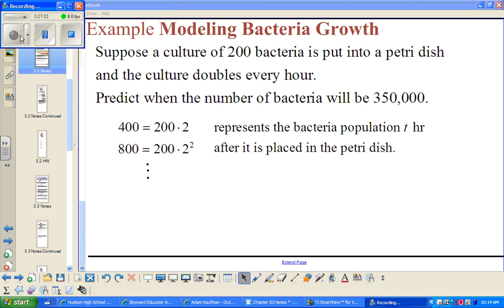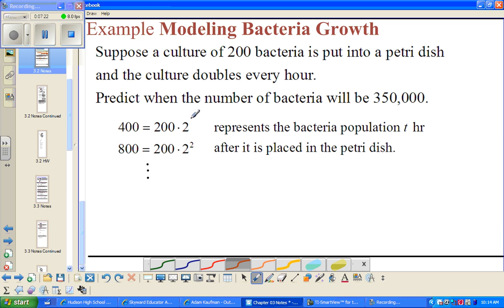So if the culture starts with 200 bacteria, we're going to let our t value, instead of representing years, represent hours in this case. So when t is 0, you have 200. So after 1 hour, we'd have 400. After 2 hours, we'd have 800.